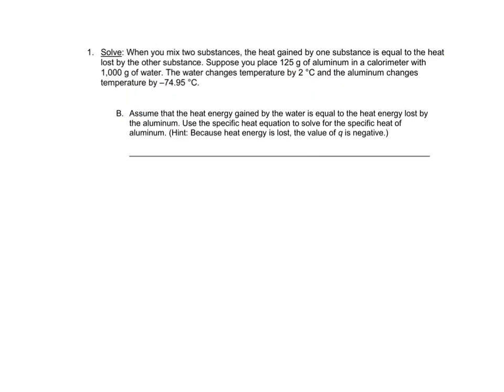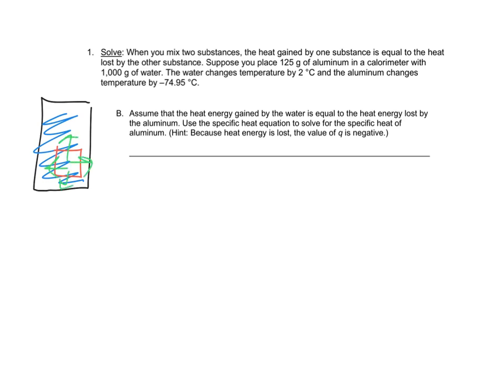All right, so let's take a look at part B of this problem. It says, assume the heat energy gained by the water is equal to the heat energy lost by the aluminum. Remember, that's exactly what's going on in a calorimeter. We have a container with a bunch of water in it, and we put a heated piece of aluminum in it. The heat energy from the aluminum is going to go out to the water.